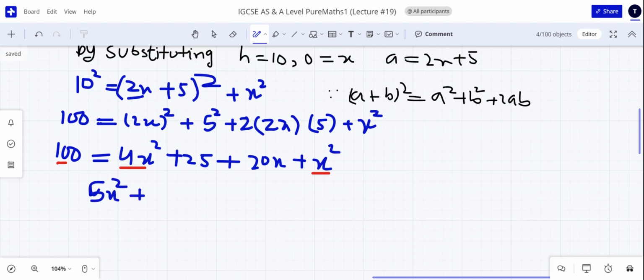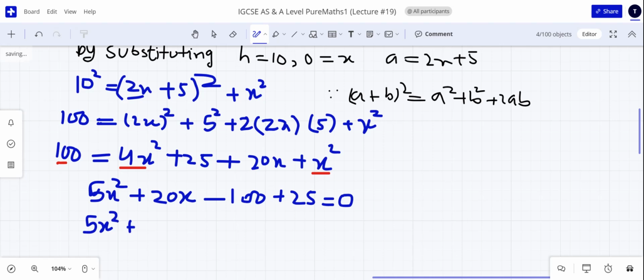Then plus 20x we keep the same because there is no other x term. Now shifting the 100 to the other side, it would be minus 100 plus 25 equals 0. So 5x squared plus 20x, then minus 100 plus 25, it would be minus 75 equals 0.